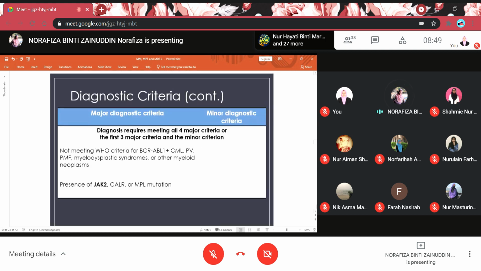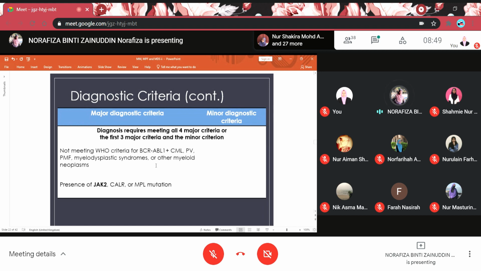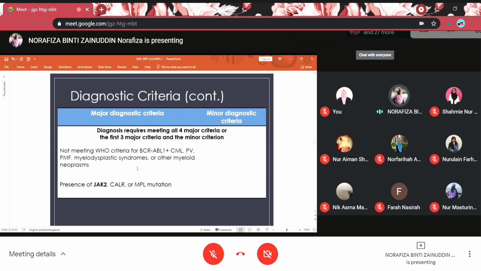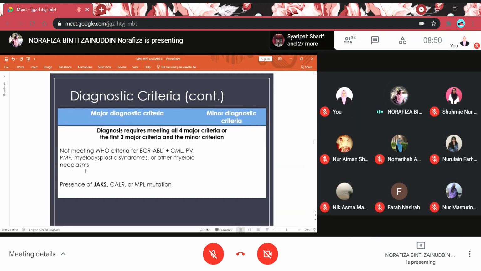Okay, and not meeting WHO criteria for BCR-ABL1 CML. So this means its criteria are not the same as CML, PV, PMF and MDS, and also other myeloid neoplasms.